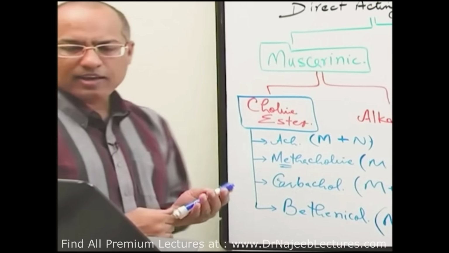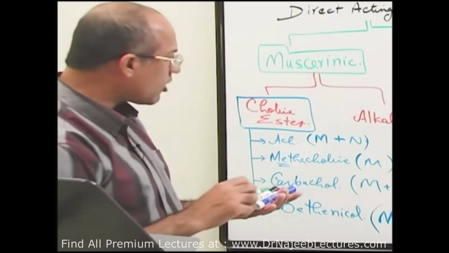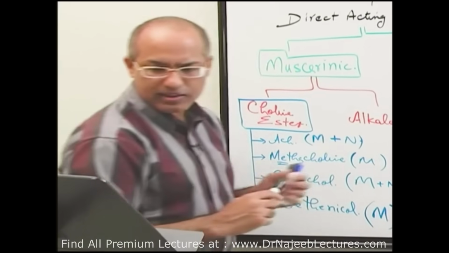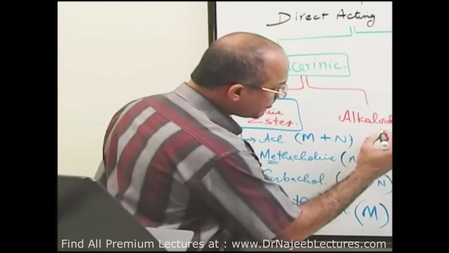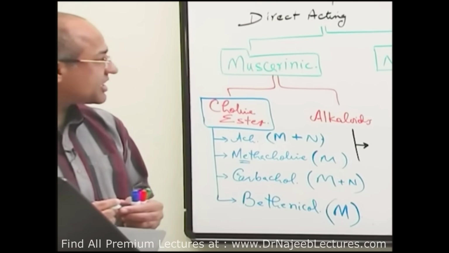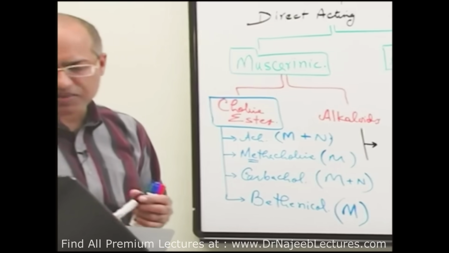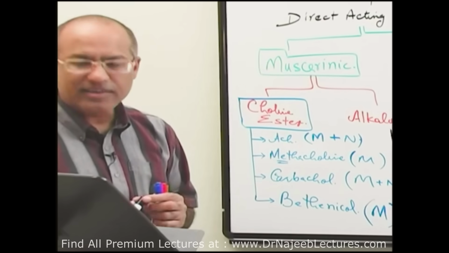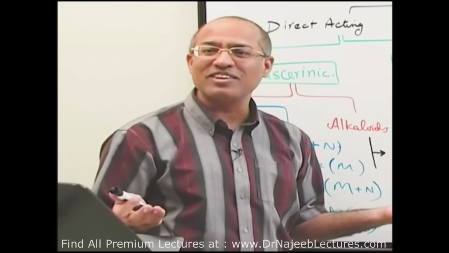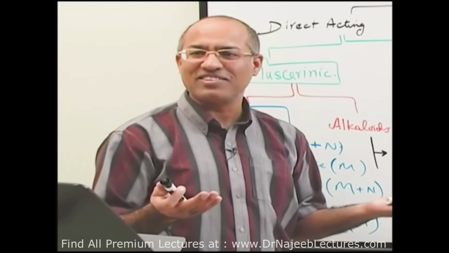Then there are alkaloids. Can you tell me some alkaloids which are derived from the plant and which can stimulate the muscarinic receptors? At least tell me muscarine. Why are muscarinic receptors called muscarinic receptors?